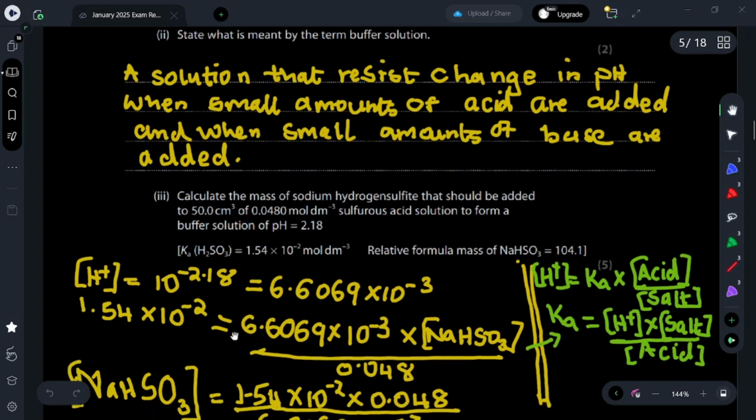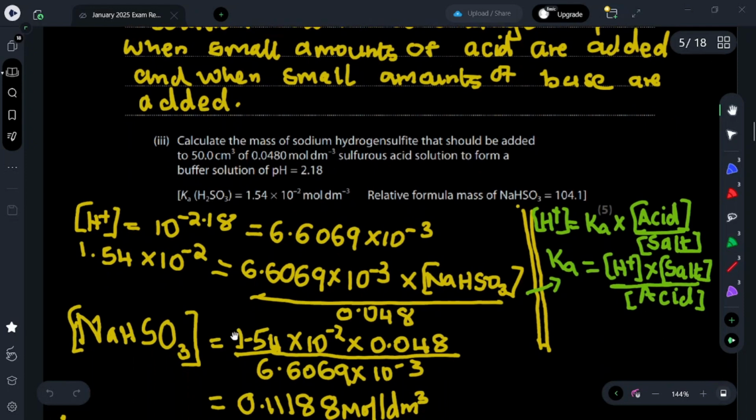But we have the equation that links the Ka value, the concentration of the acid and the salt, and the concentration of the hydrogen ions. The concentration of hydrogen ion equals Ka times the concentration of the acid over the concentration of the salt. If we make Ka the subject, it means the concentration of hydrogen ions times the concentration of the salt divided by the concentration of the acid gives Ka.